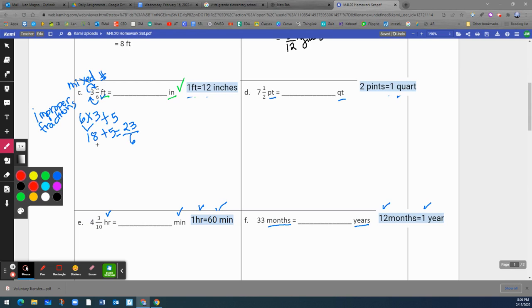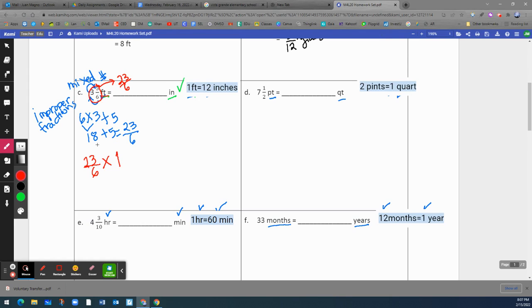We need that improper fraction to solve the problem. Once you have the improper fraction, you're going to use it. So now let me just show you. The improper fraction is going to be replacing that 3 and 5 sixths. So 23 sixths is going to be replacing 3 wholes and 5 sixths. All right, so 23 over 6 multiplied by, okay, how many feet do we have in here?